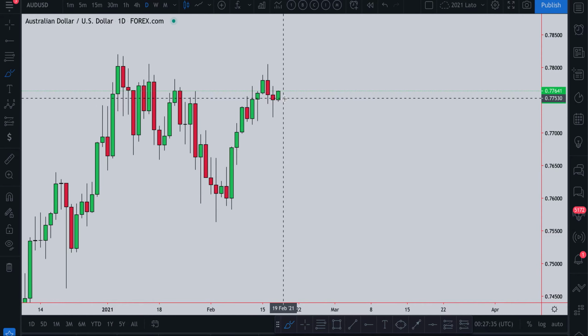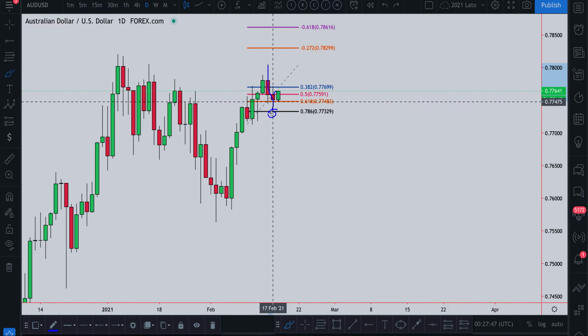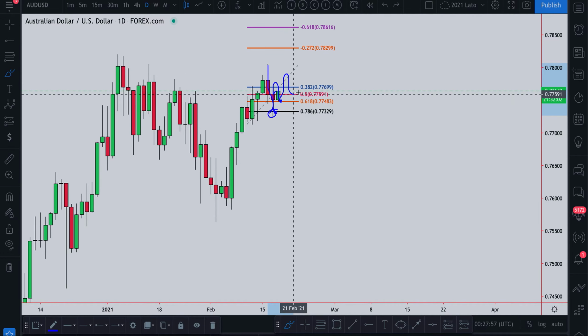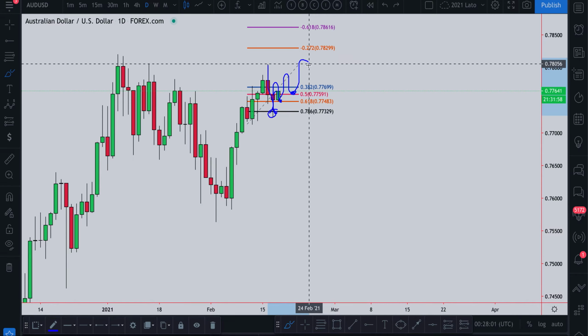Sometimes in the market, what happens is the market goes down to test 0.786, comes back up, then goes back down to test 0.618 and comes back again, goes back to test the 0.50 level, and then comes back up again and goes back to test 0.32.